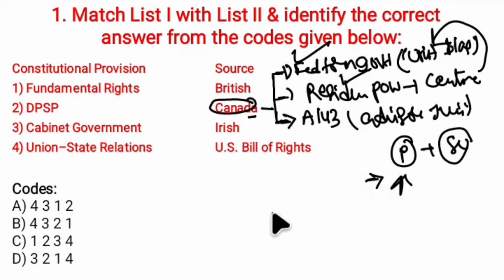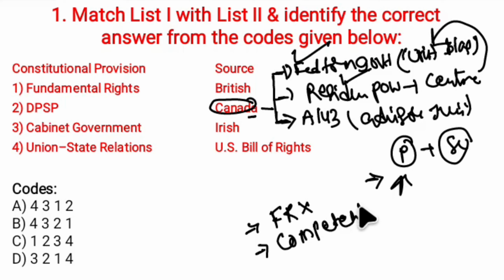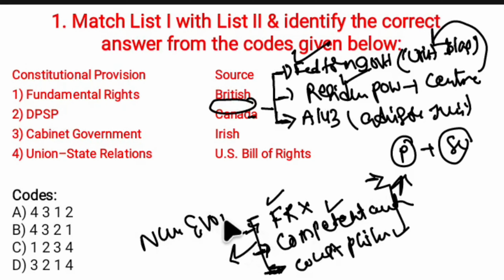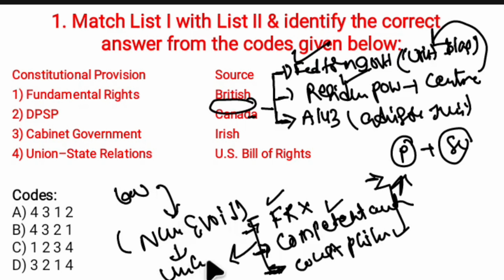If any law violates fundamental rights, or if any law is not made by the competent authority, or if any law violates the constitutional inner core philosophy, then the judiciary tends to make the law null and void. Eventually it means what? Unconstitutional.